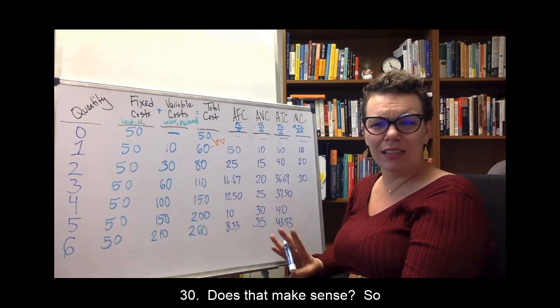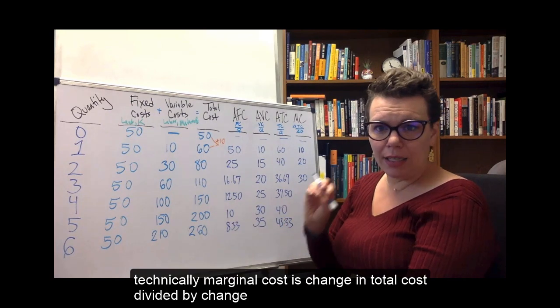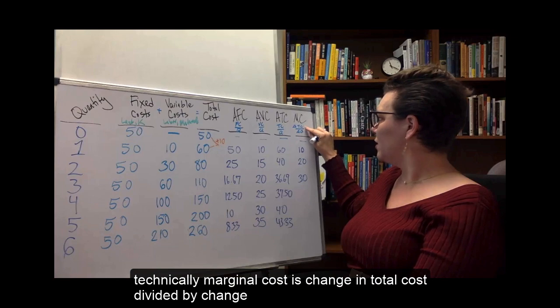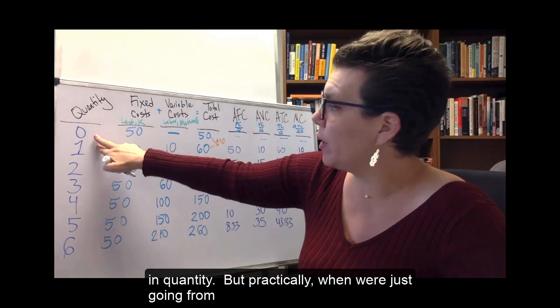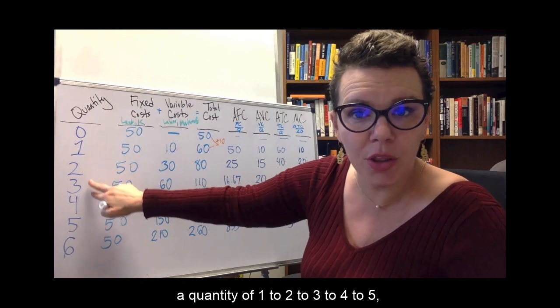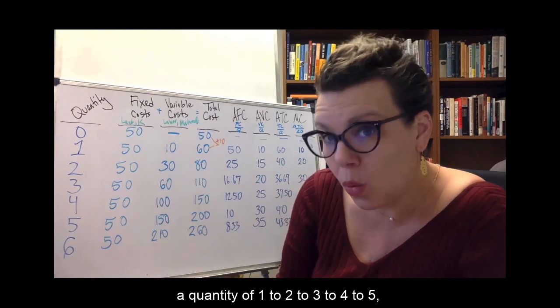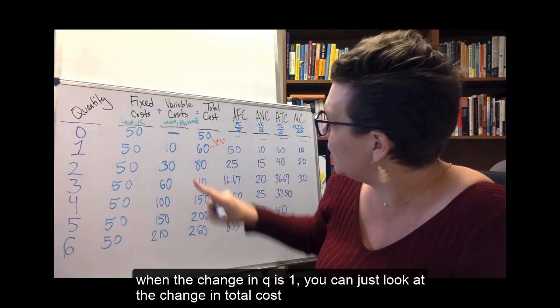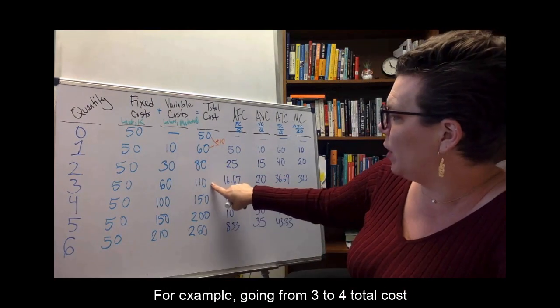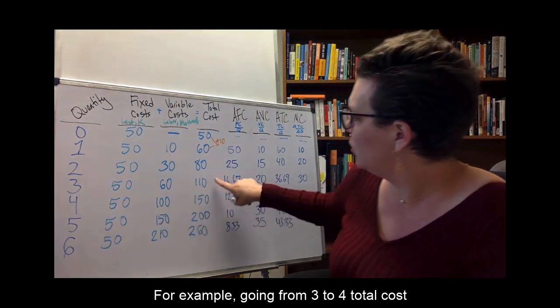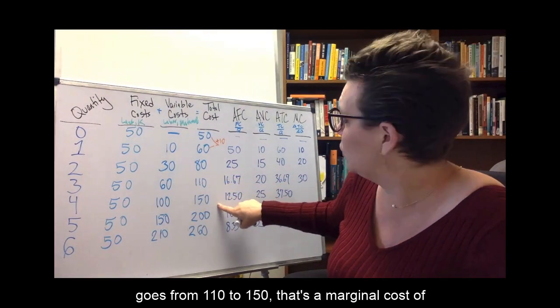Does that make sense? So technically, marginal cost is change in total cost divided by change in quantity. But practically, when we're just going from a quantity of 1 to 2 to 3 to 4 to 5, when the change in quantity is 1, we can just look at how much total cost changes at each level. So for example, going from 3 to 4, total cost goes from 110 to 150.